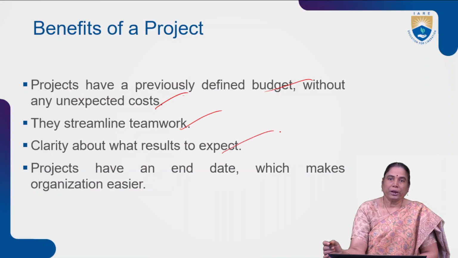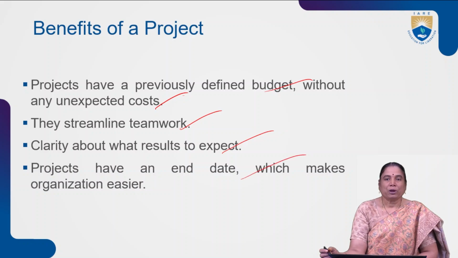The end product must be clearly defined and the project has an end date, which makes it easier for the organization. Project schedules are planned in the analysis phase only, so that defined deadlines are established in order to complete the tasks of the software project.